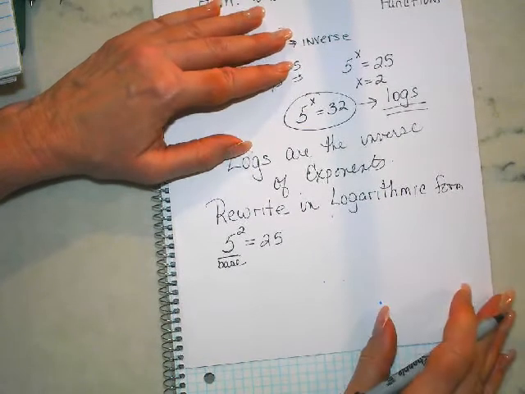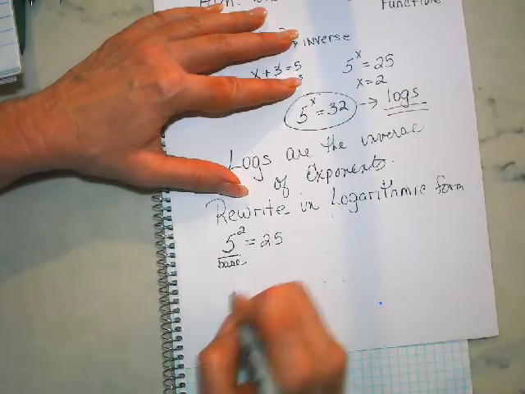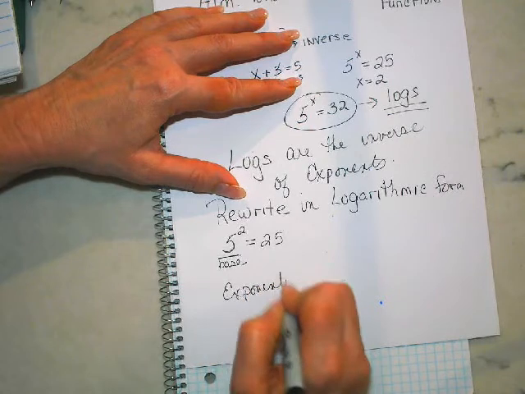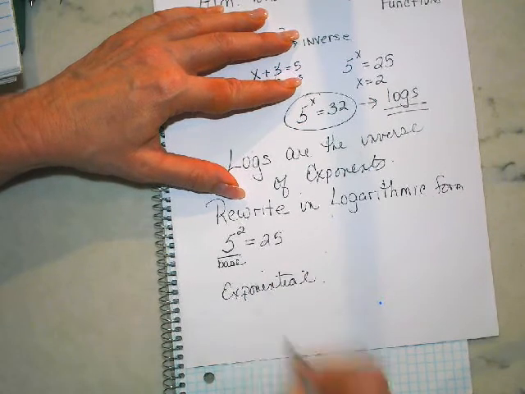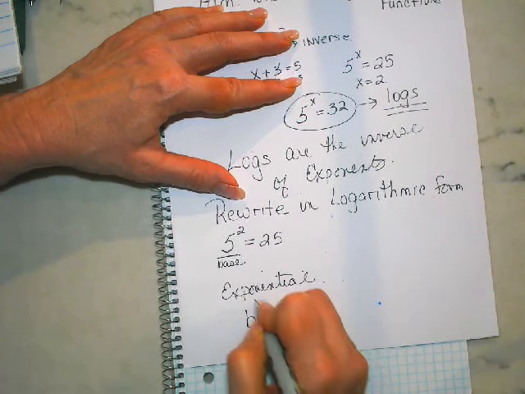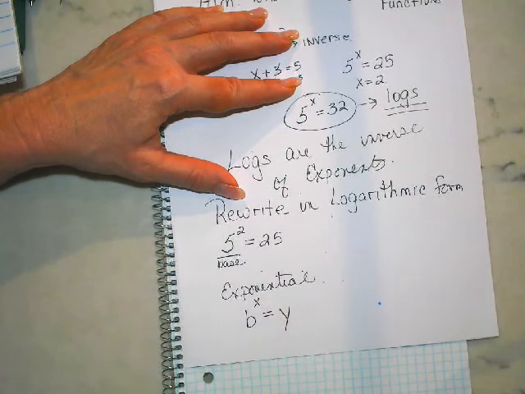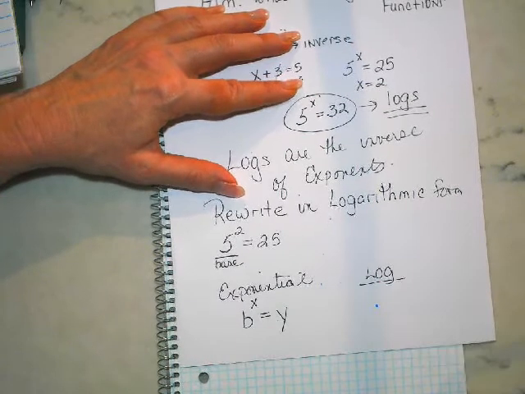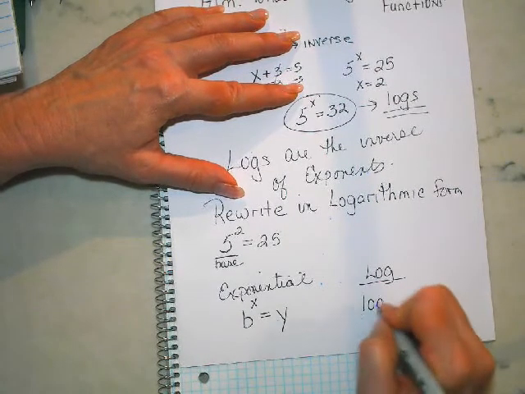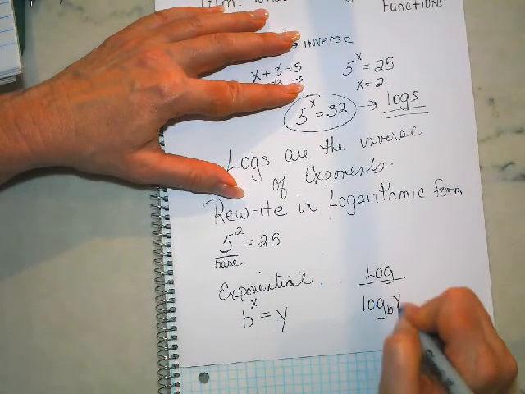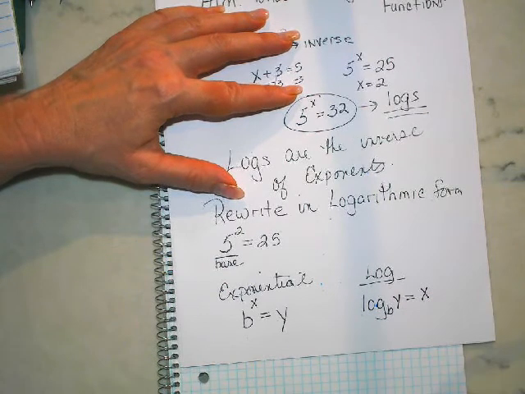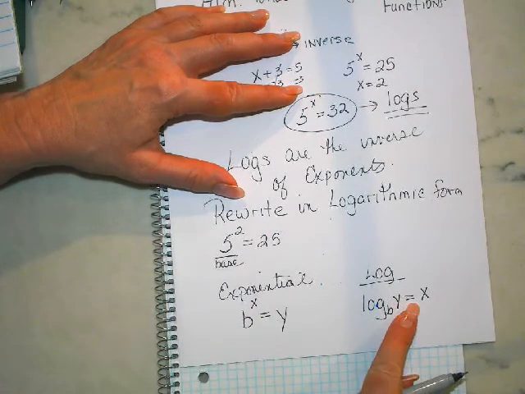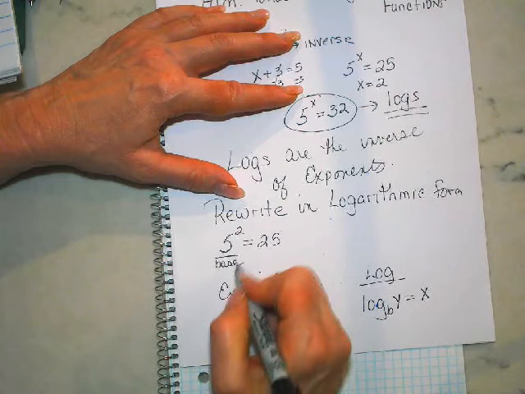Now, let me just give you the basic forms for exponential and for log. Exponential looks like this. Logarithmic looks like this. So we're trying to get this to look like this.